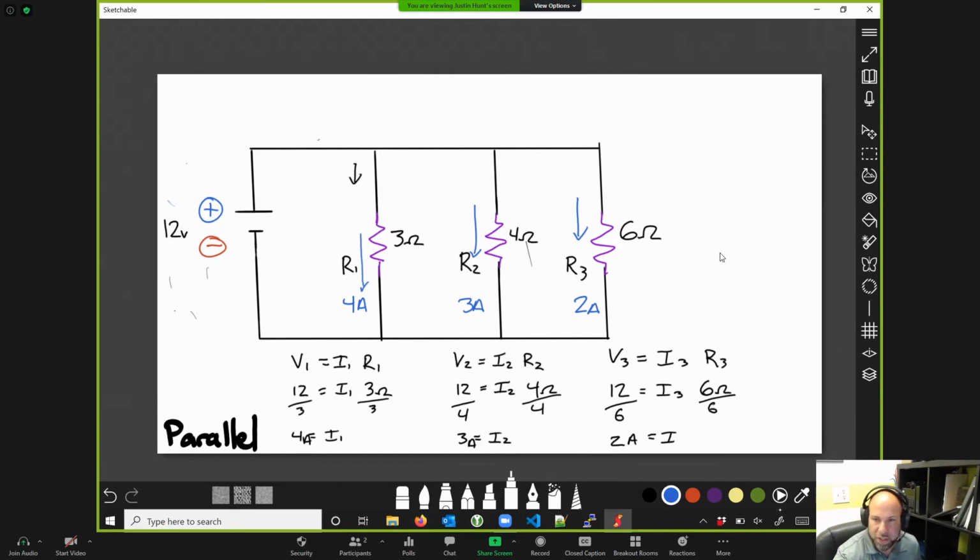Through the first channel here, we see only 3 ohms of resistance, but we see the most flow, the most quantity of electricity going through. On the opposite end here, we've got 6 ohms of resistance. It's the most barrier to the electrical flow, and it's only got 2 amps of current.